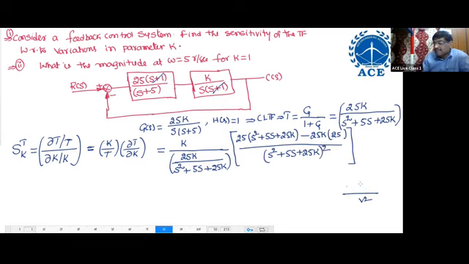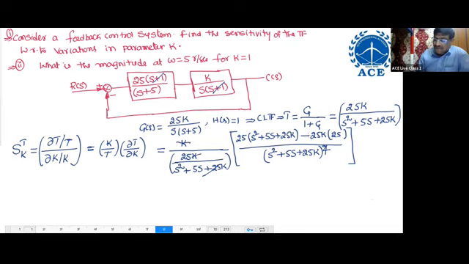Now get the answer. What happened? This cancelled. Then this denominator, both are cancelled. Next, what happened? Simplify it. So 25. So here k cancelled, k cancelled.